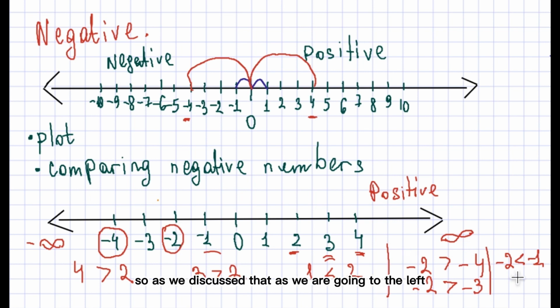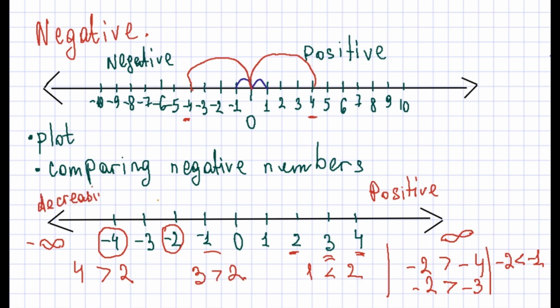Okay, so as we discussed, as we go to the left, numbers get farther from 0. It seems that when we go to the left, numbers decrease.